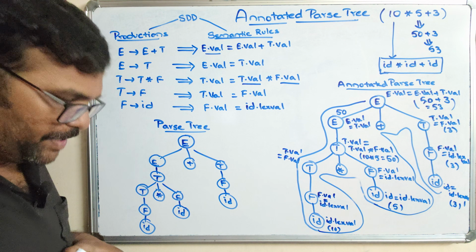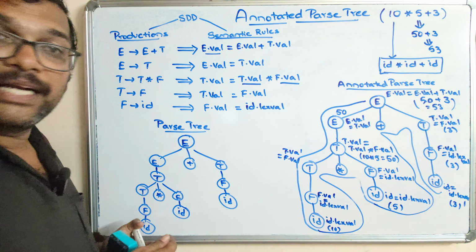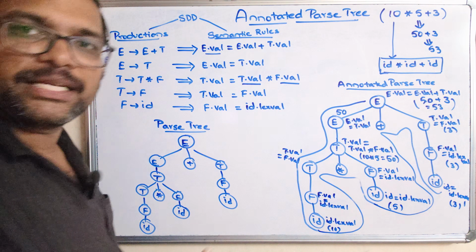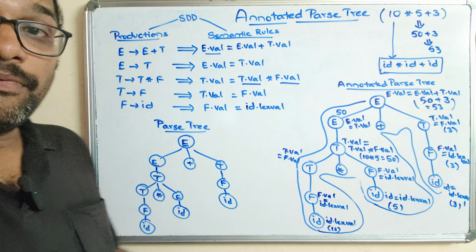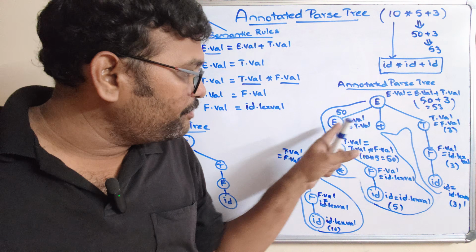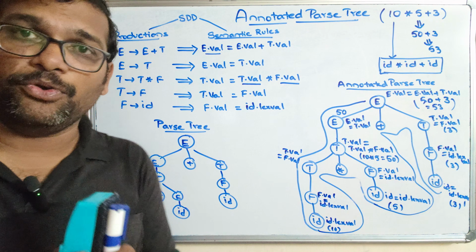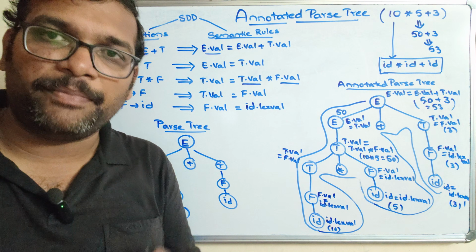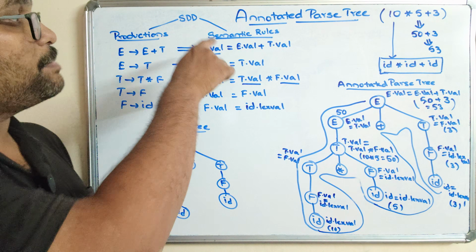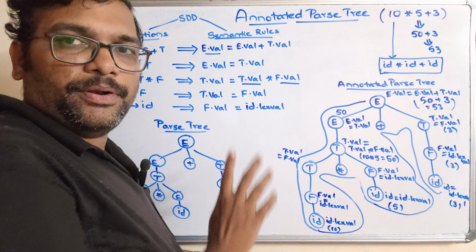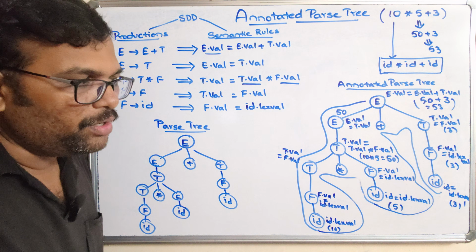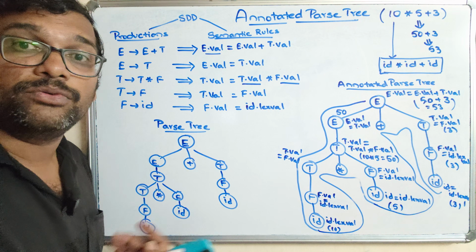Okay, so this representation is a parse tree, but this representation is an annotated parse tree. Annotated parse tree means every non-terminal should be represented with its attribute. That may be either value or type or memory. That depends upon the semantic rules and the example. Also this will give you the order of evaluation, how it will be evaluated.